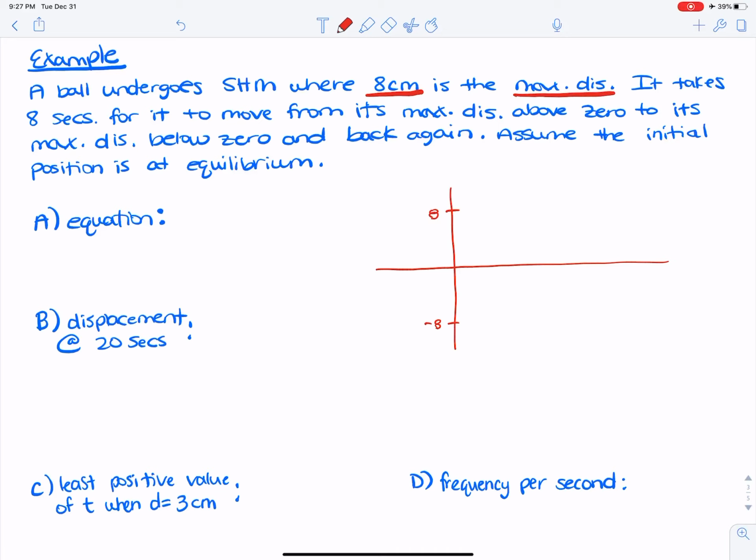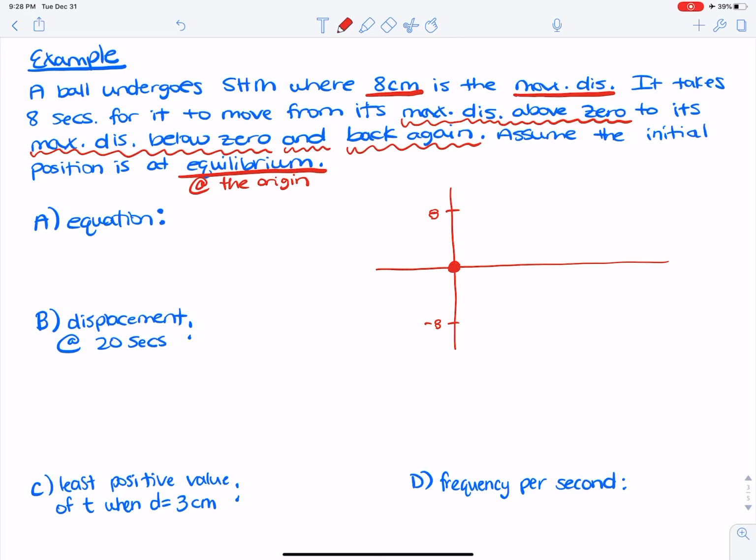Also, we're going above and below the x-axis because the initial position is at equilibrium, which is nothing but the origin. So that means the ball starts here. And when we think about a ball, it takes 8 seconds for it to move from its maximum displacement above 0 to its maximum displacement below 0 and back again.